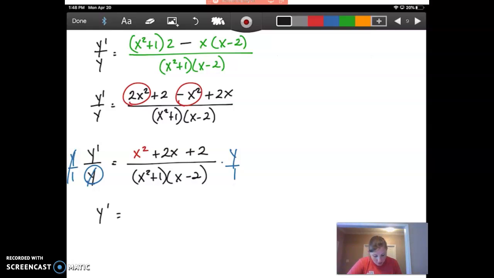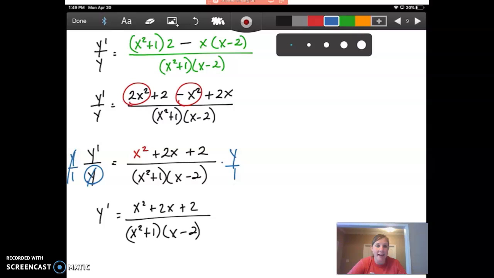And I have the value x squared plus 2x plus 2 all over x squared plus 1 times x minus 2. But I'm multiplying that by y. The y value is what you were given at the very beginning of this problem. y equals x minus 2 quantity squared over the square root of x squared plus 1.